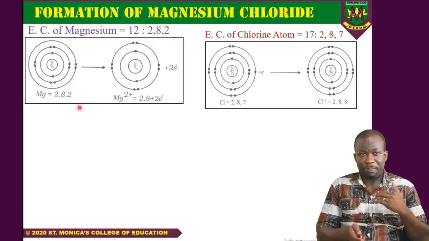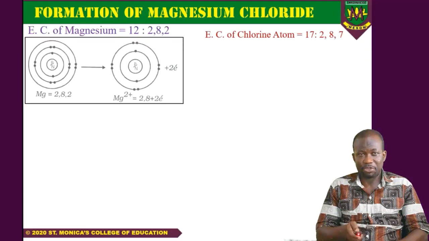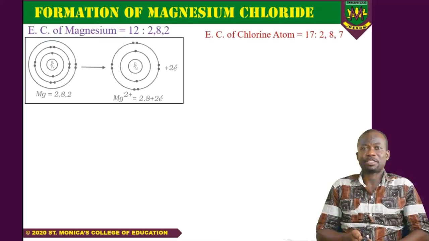Now if you want to balance it, then we have to add 2 electrons to 8, so that it will be just like it is here, because as it is, this magnesium 2+ means that the electrons are 10, and then here the electrons are 12. So to make it balance, you add 2 electrons here to this one, so that it will be 2, 8 plus 2 electrons making up 10, 10. Then we can say that the ion equation is balanced.